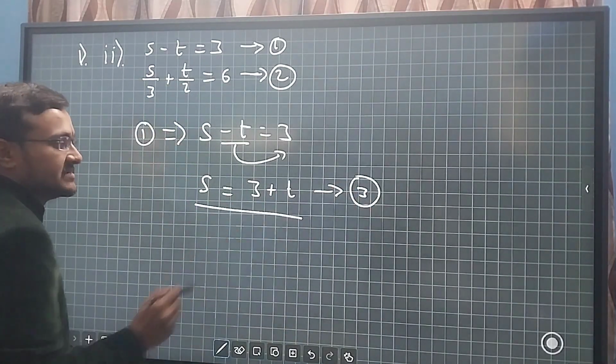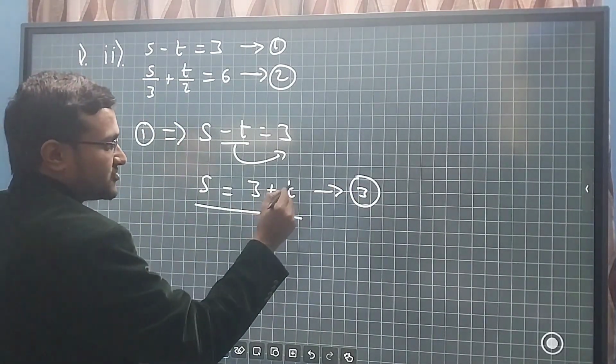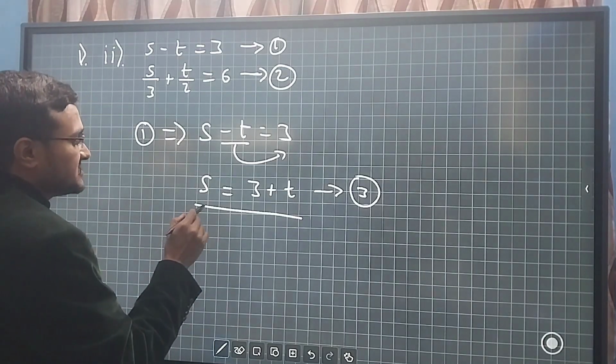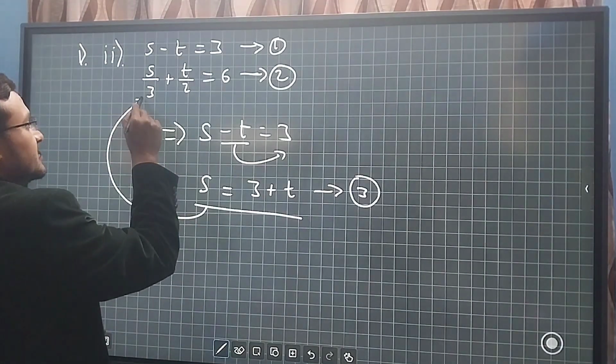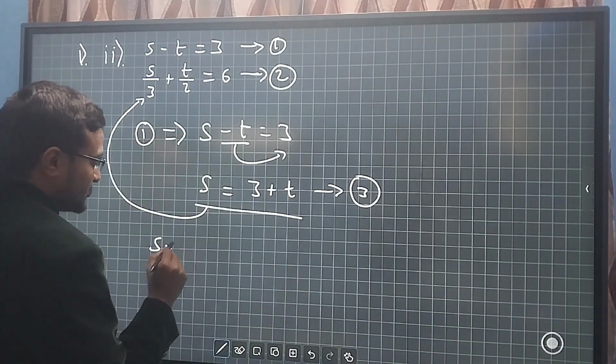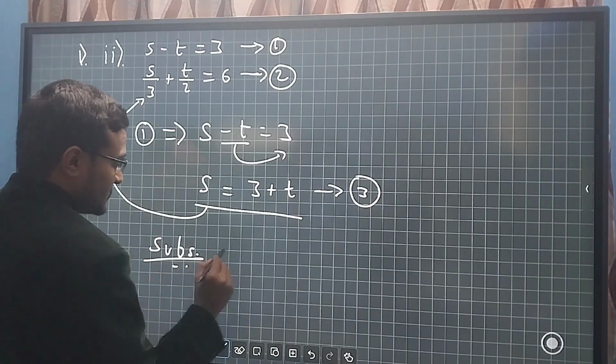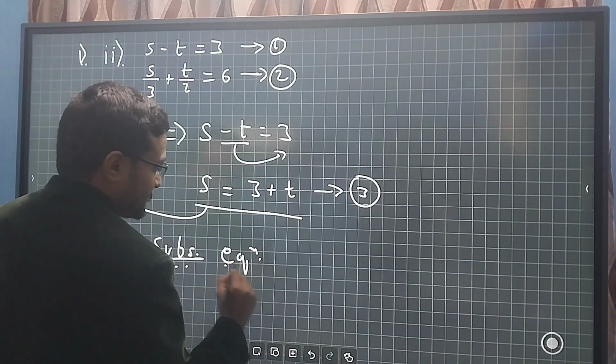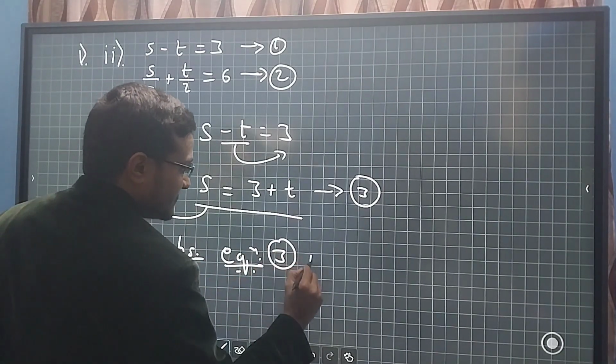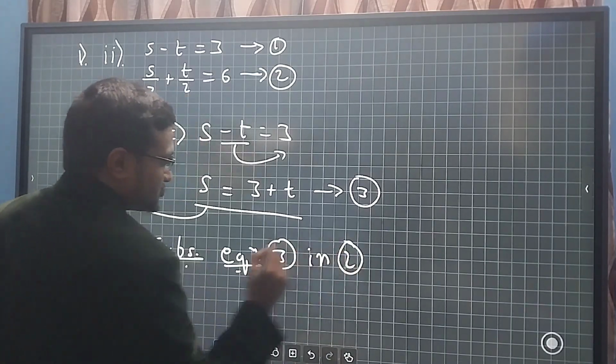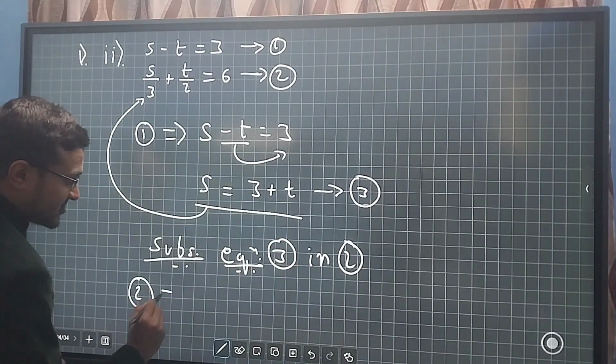So now we have got the equation for s. So s is equal to 3 plus t. Now this s value you can substitute in equation 2. So substitute equation 3 in equation 2. When you do that, what will be your equation 2?